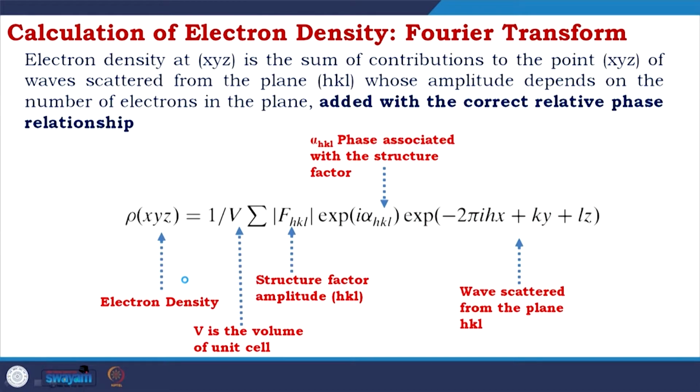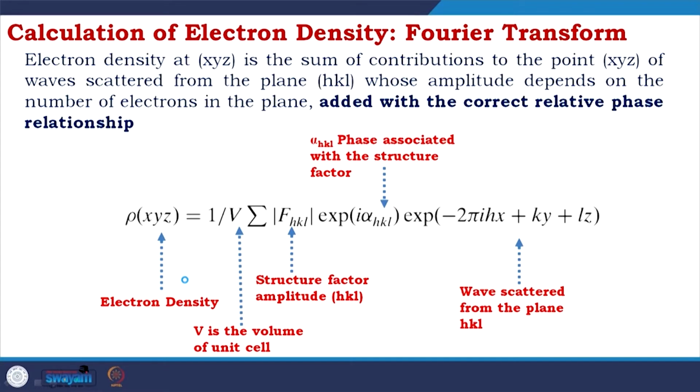So, we have to do the calculation of the electron density and we have to perform Fourier transform. So, electron density at xyz is the sum of contributions to the point xyz of waves scattered from the plane HKL, whose amplitude depends on the number of electrons in the plane added with the correct relative phase relationship.